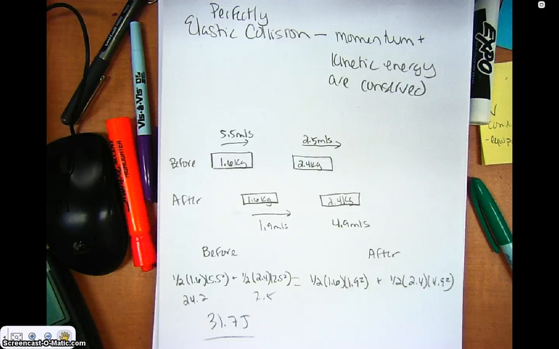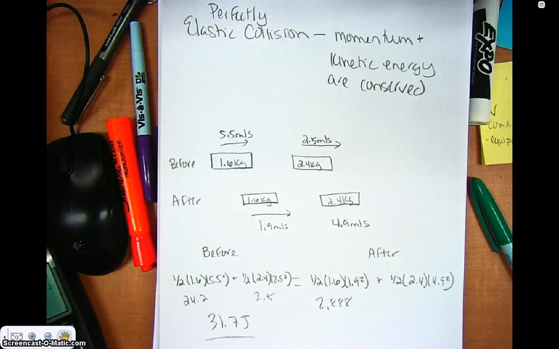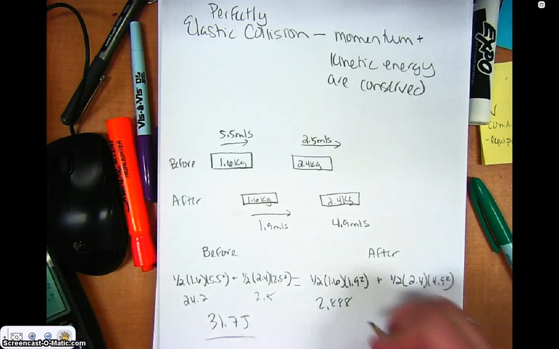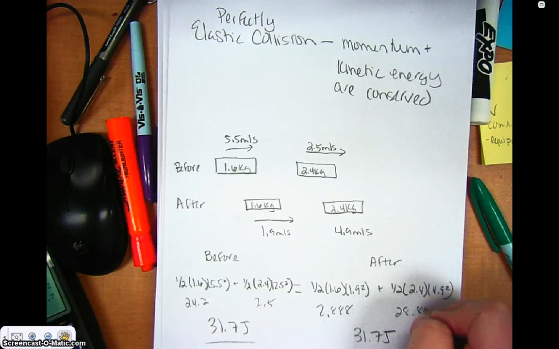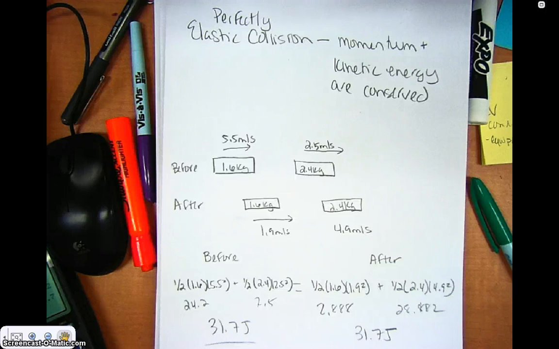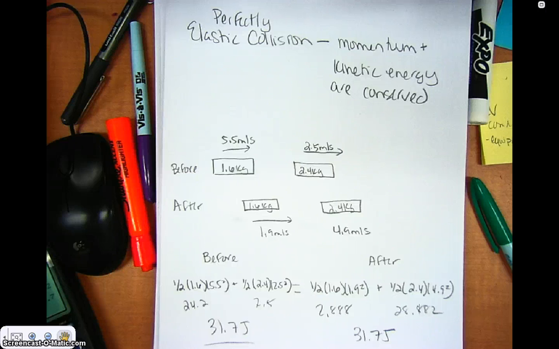So 0.5 times 1.6 times 1.9 squared, and then that's 2.888, and 0.5 times 2.4 times 4.9 squared gives me 28.82. So over here I get 31.7 joules, and over here 28.8182 or something like that. So you can see that this is a perfectly elastic collision because the kinetic energy at the beginning is equal to the kinetic energy at the end.